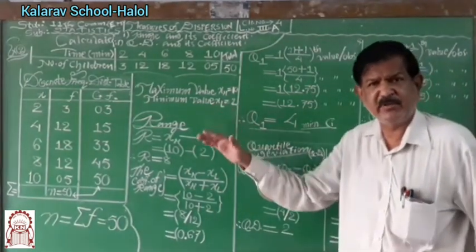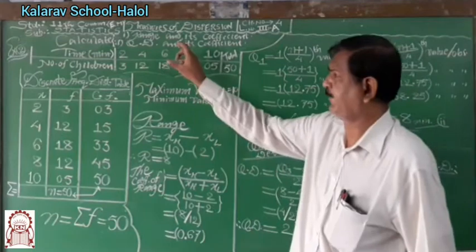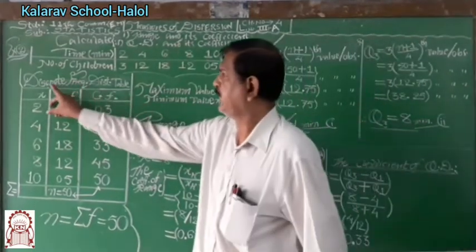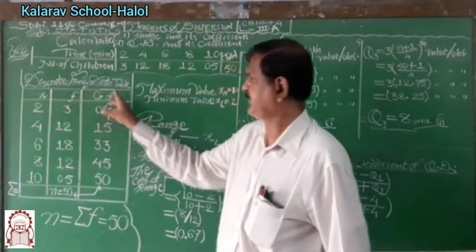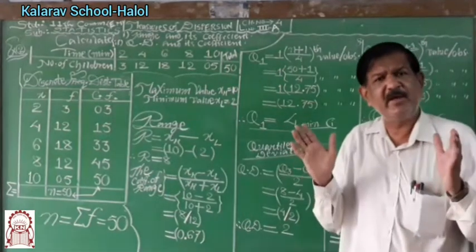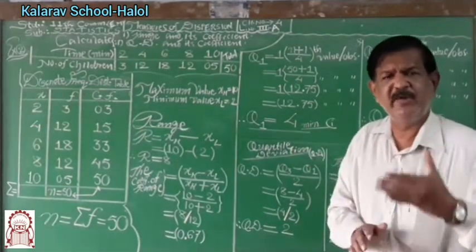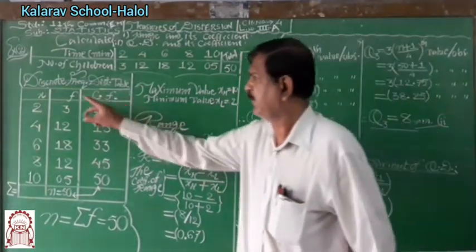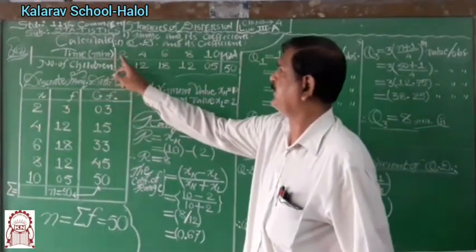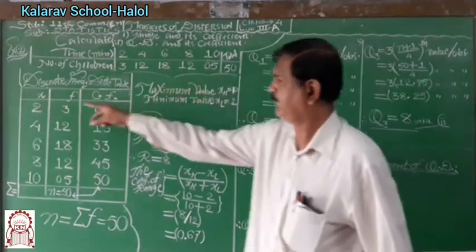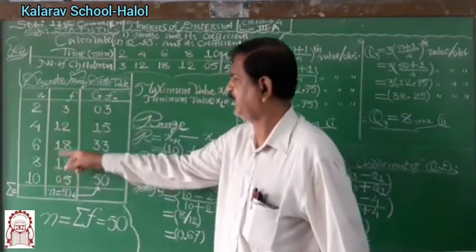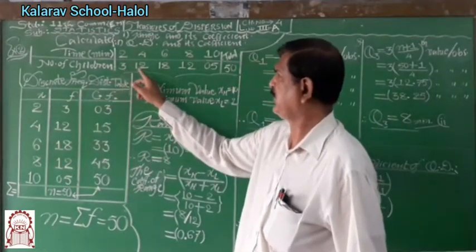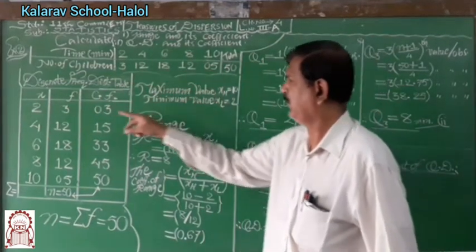This frequency distribution is discrete type, so we write a discrete type frequency distribution table. This table contains only 3 columns: value, meaning observation, frequency, and cumulative frequency. Value means time in minutes: 2, 4, 6, 8, 10. The frequencies, the number of children, are 3, 12, 8, 18, 12, 5.